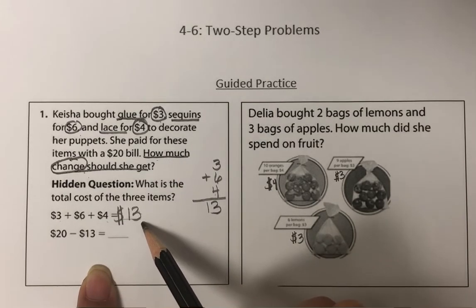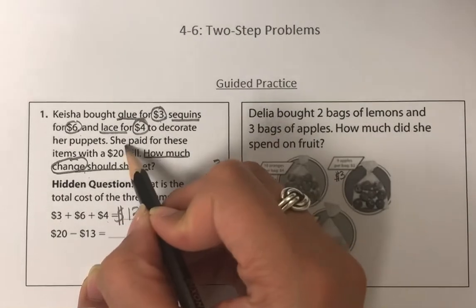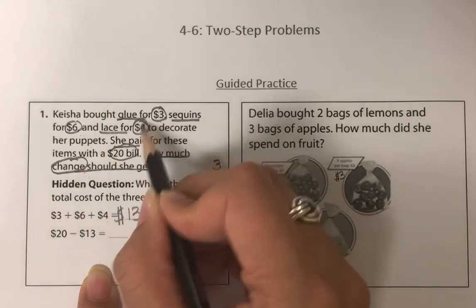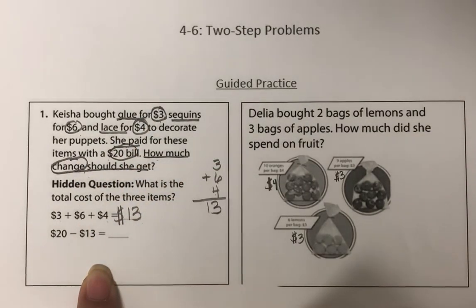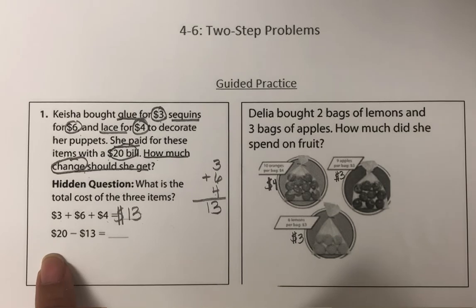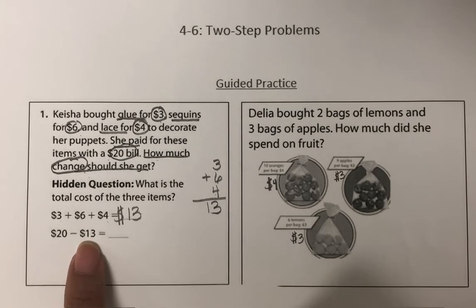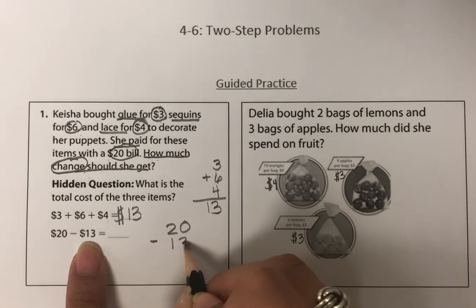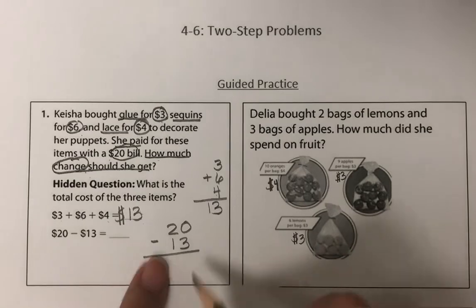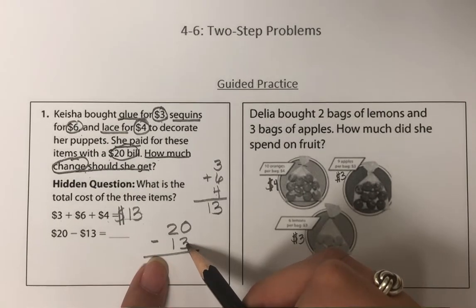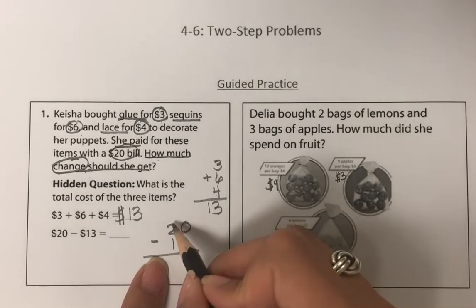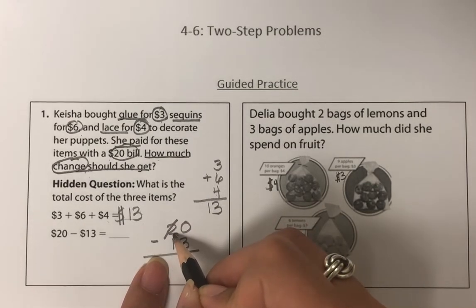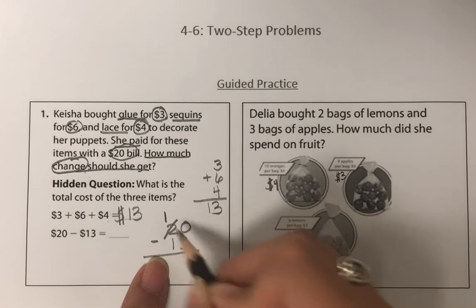The change is the amount of money that's going to be left if she paid for these 3 items with a $20 bill. So our second step is to subtract 20 minus 13. Big number on top when we subtract. 20 minus 13. 0 minus 3, we cannot do that. More on the floor, we got to go next door. We borrow 1 rod from the 2, leaving 1 left.